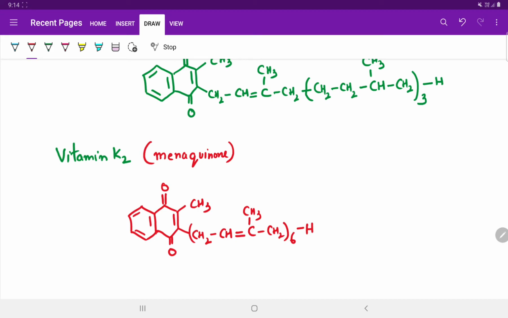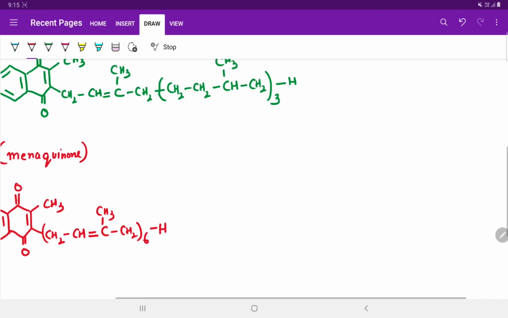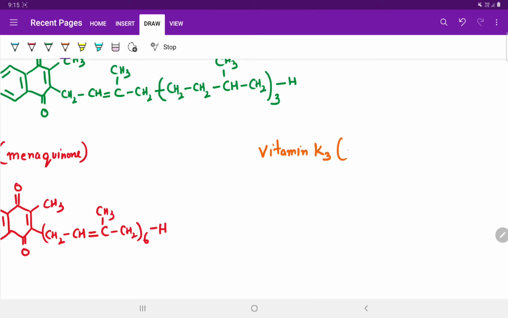So this is the structure of vitamin K2 or menaquinone. Next comes the structure of vitamin K3, also known as menadione.